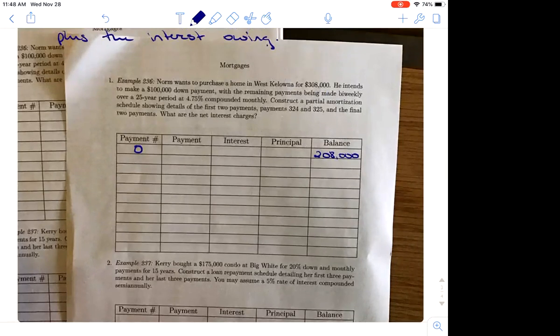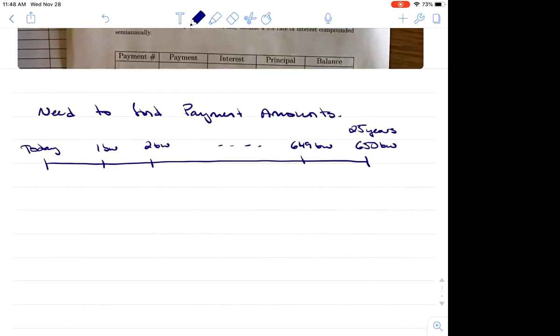And it says, okay, well, we're making end of the month payments, I think it was. Is it? It's not clear, so it must be end. So we can make a little note here.